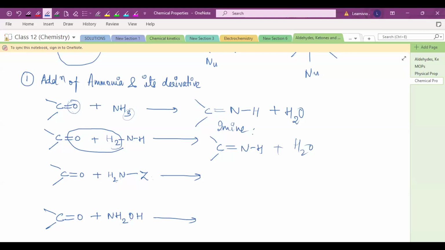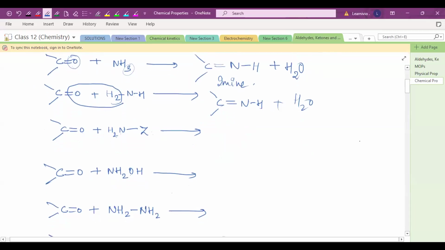Yes, ma'am. Okay. So here, we are just doing the reaction with ammonia and its derivatives. If I replace this hydrogen by any group, suppose I write it as Z, Z can be anything: hydrogen, OH group, any group.